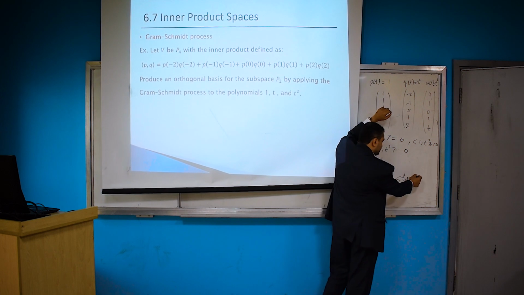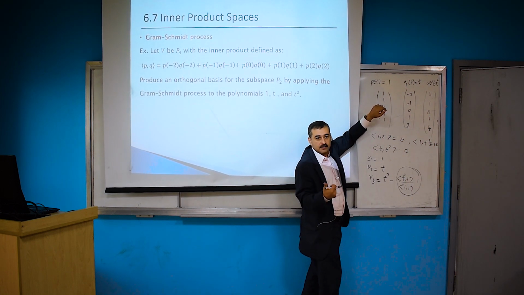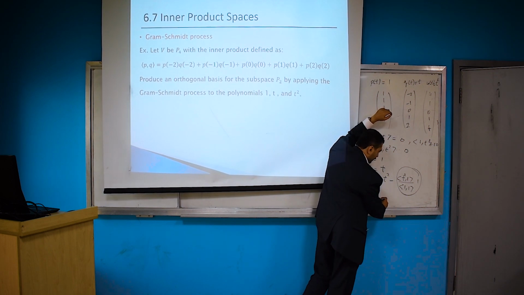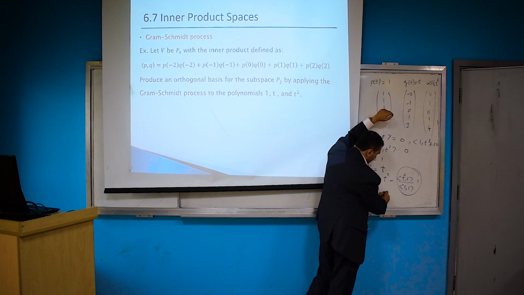This is the projection of t square onto 1, minus the projection of t square onto t: the inner product of t square and t over the inner product of t and t, times t.